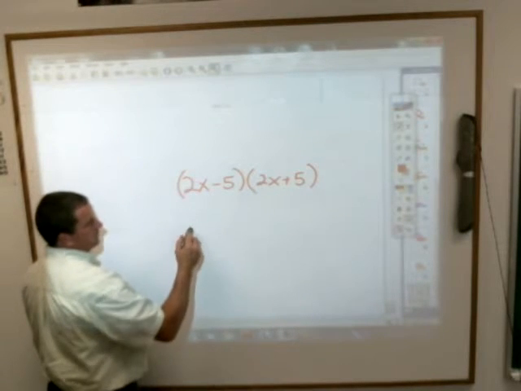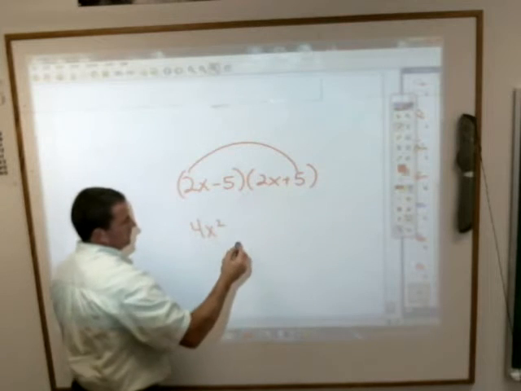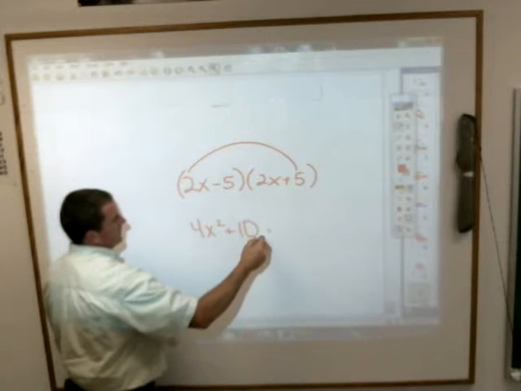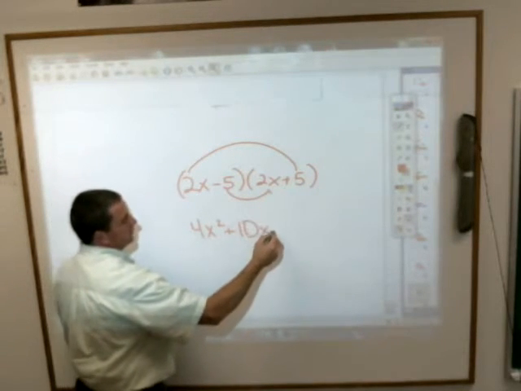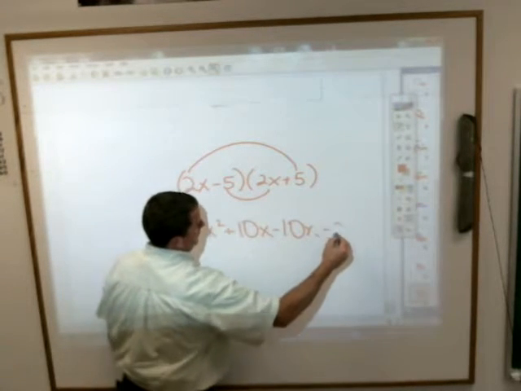If you do the two first terms, you still get 4x squared. The two outside terms give you a positive 10x, and the two inside terms give you a minus 10x. And the last terms give you a minus 25.